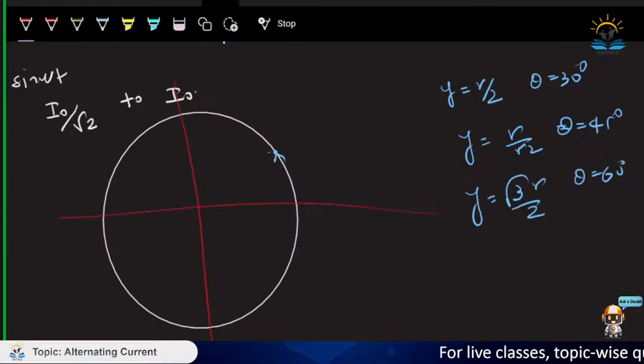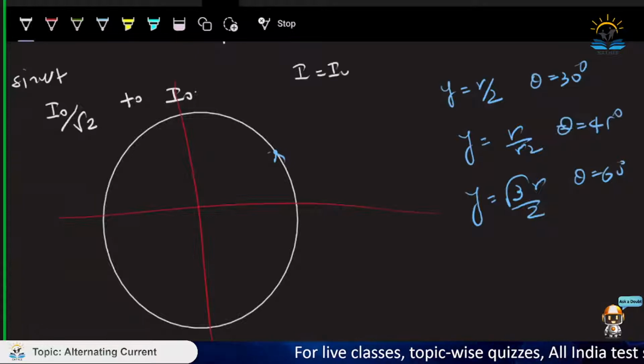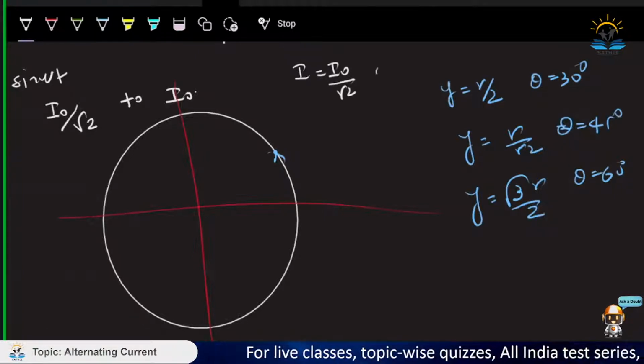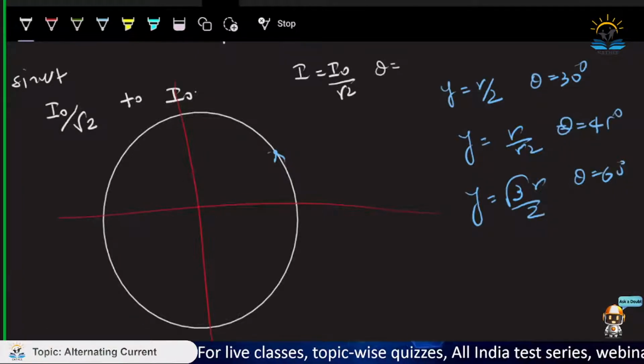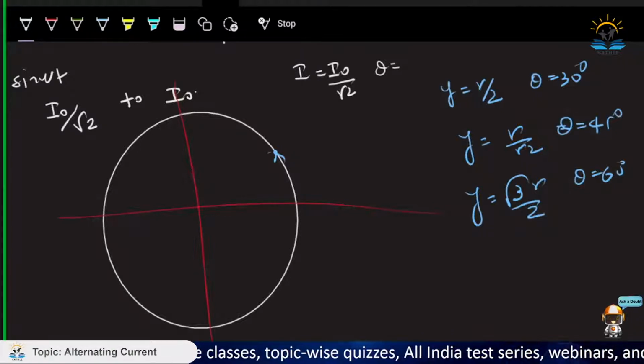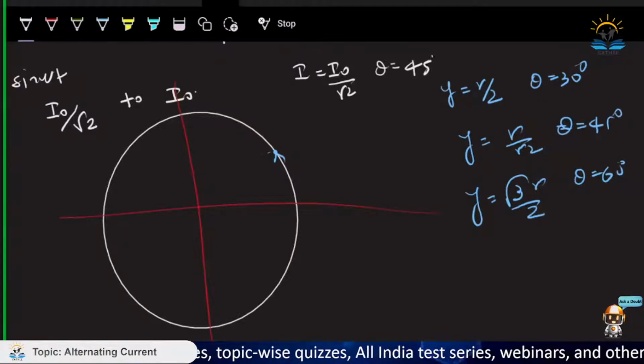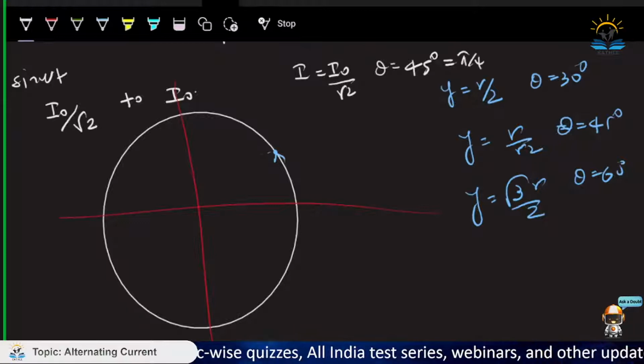It is given that the first current is I naught by root 2. I naught by root 2 means theta will be how much? When is sine theta 1 by root 2? At 45 degrees, which is pi by 4.